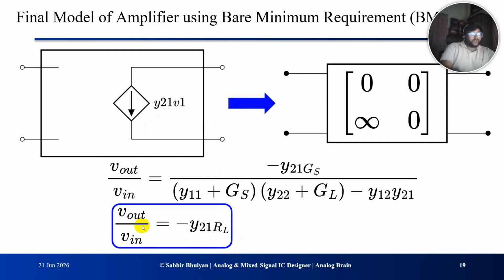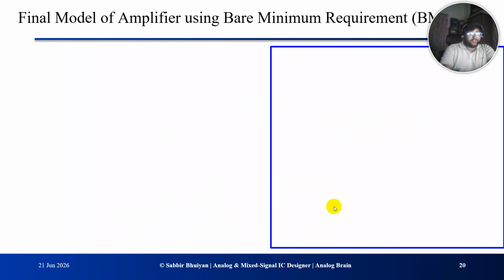We are talking about Vout by Vin, which is a voltage amplifier. We'll see later which block can drive which load. But for now, this is our mathematical model of the amplifier.